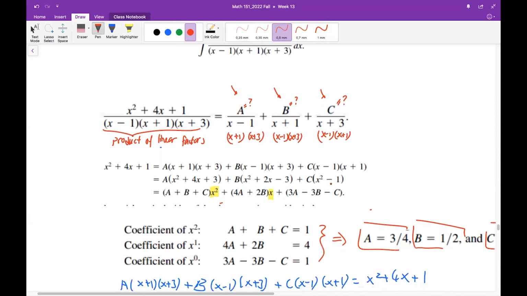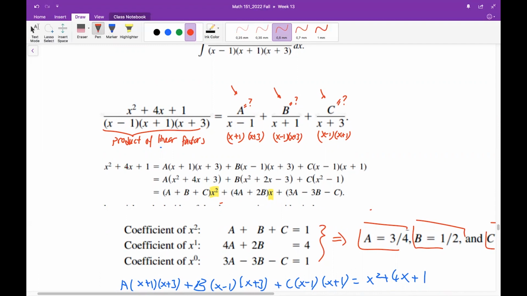And then you see x plus 1, x plus 3 is multiplied with a, x minus 1, x plus 3 with b, x minus 1, x plus 1 with c. So I multiply them like this, and this should be the same as the numerator given on the left-hand side.